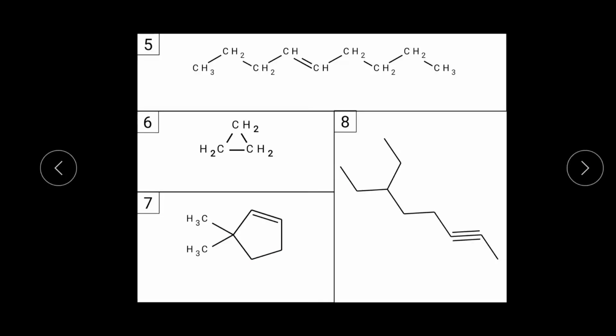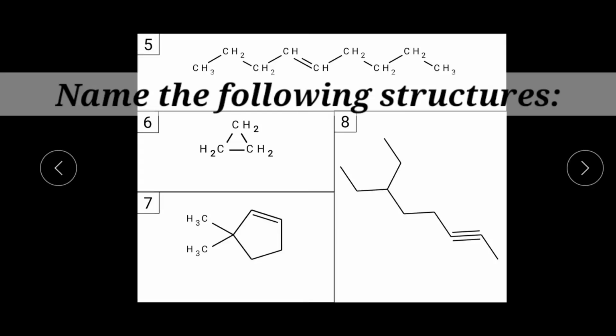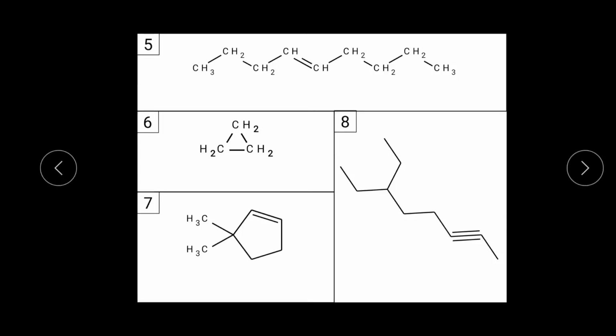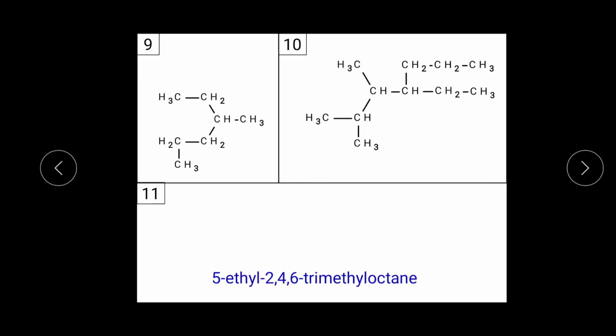Now I want you to continue naming the following structures. For number 11, I want you to draw the structure of 5-ethyl 2,4,6-trimethyl octane.